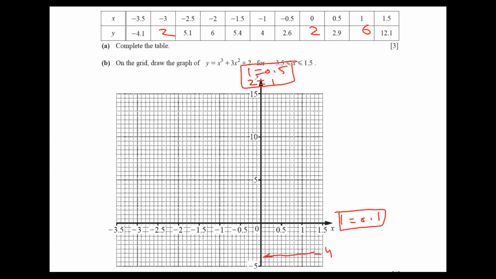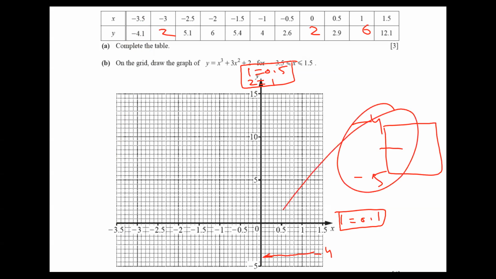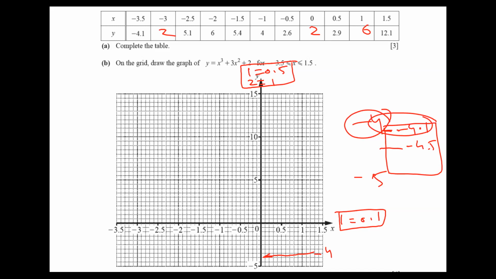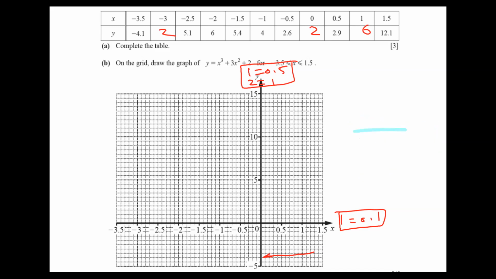If this is 4 and this is 5, -4, -5, then this is -4.5. Now where is -4.1? It's very close to -4. I will not care, because it's very close to -4, so I will use approximately -4.